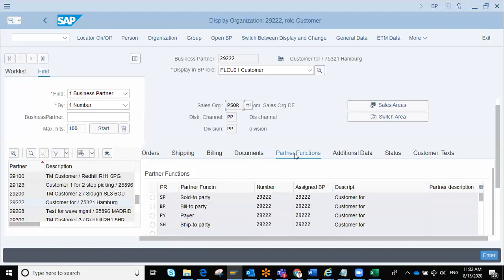Similarly, a vendor can be a goods supplier, invoice presenter, or a contact person, or any account related activities for the company.